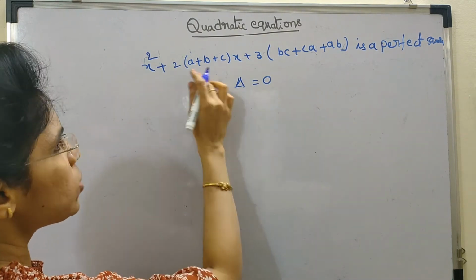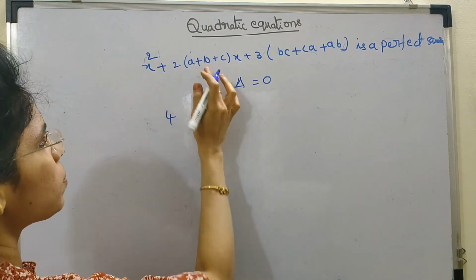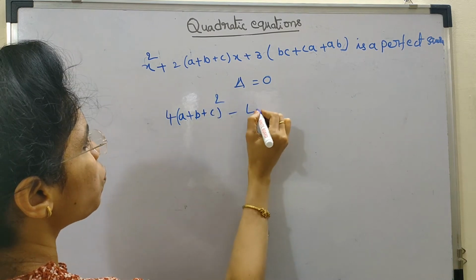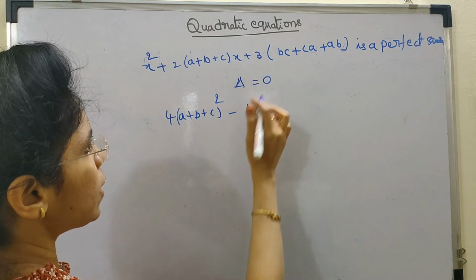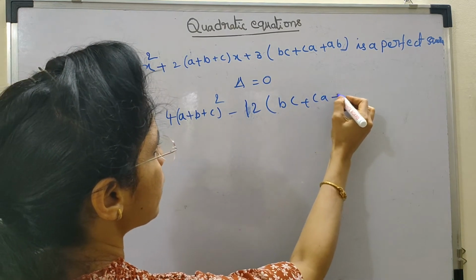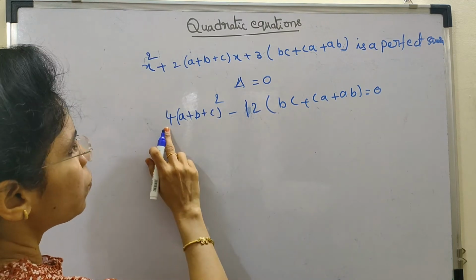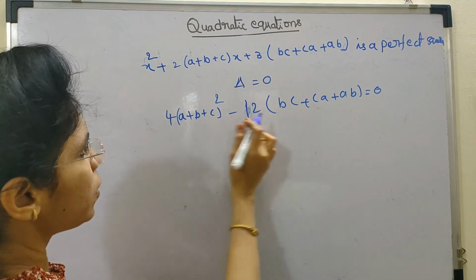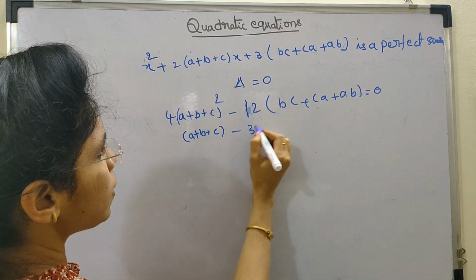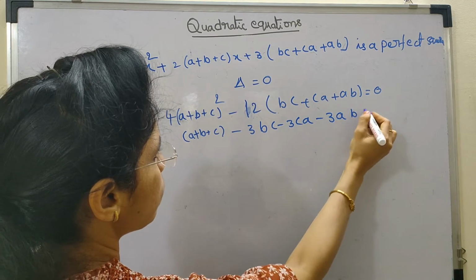What is the discriminant? b square minus 4ac: 4 times (a plus b plus c) whole square, minus 4 into 3, that is 12 into (bc plus ca plus ab). This is equal to 0. Remove this 4 common. So (a plus b plus c) whole square minus 3bc minus 3ca minus 3ab is equal to 0.